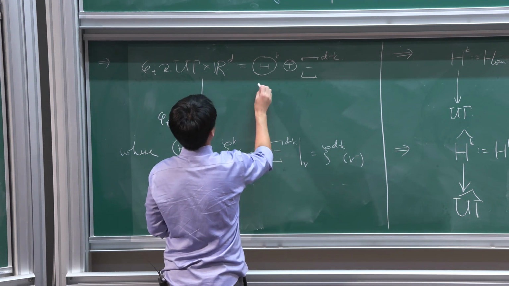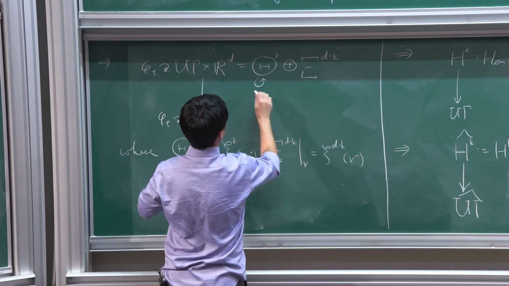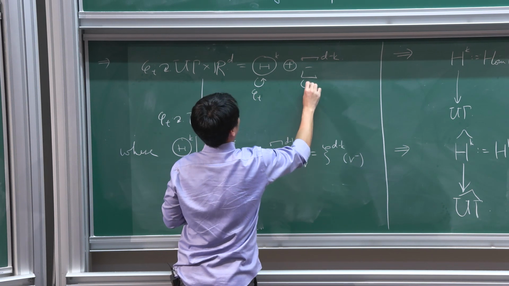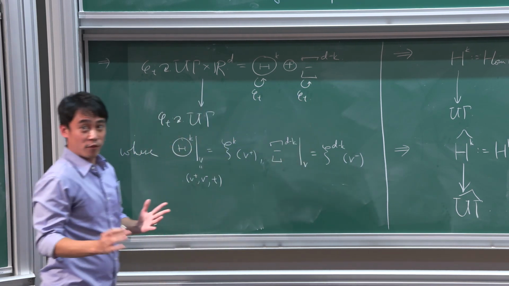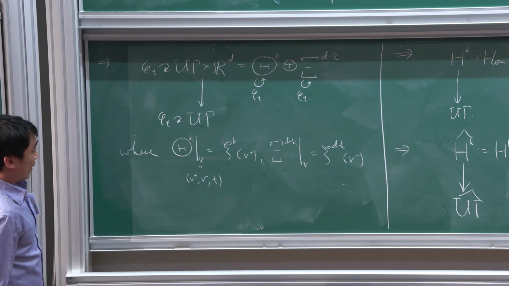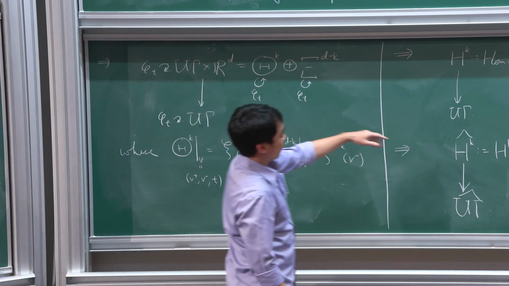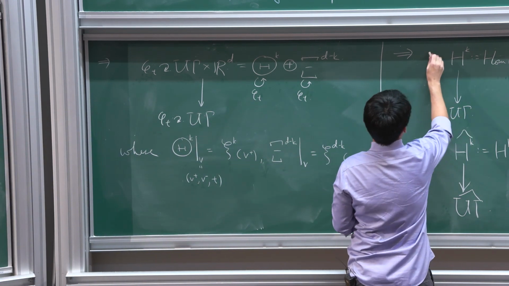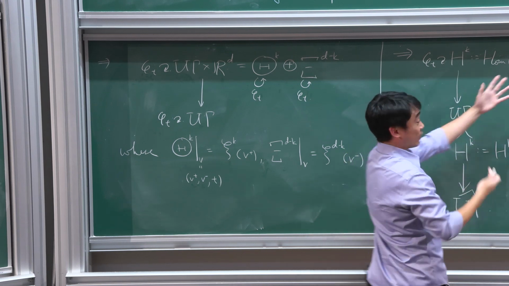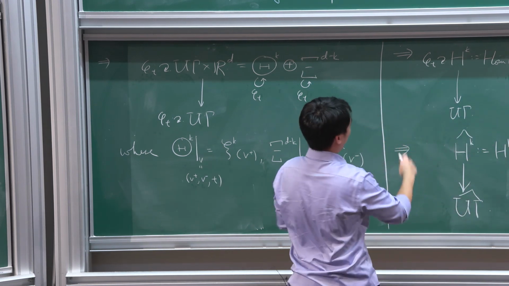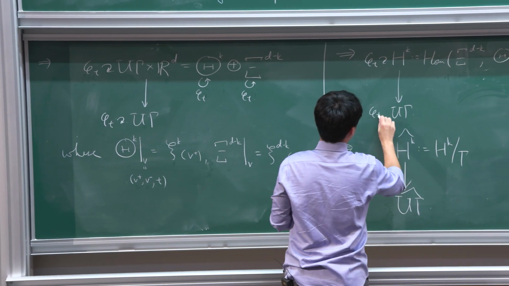So you have flows here, which you can restrict phi t to, flows here, which I'm also going to denote by phi t. And then you also get a flow here, because as you flow, nothing is changing. So you have a flow on the hom bundle as well, which covers the flow down here.